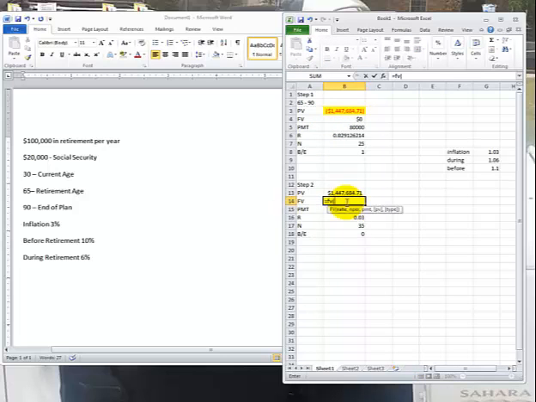Equals future value, open my parentheses, my rate, my number of periods, my payment is 0, my present value is this number, my type is, we'll just do into the period, and close my parentheses, and voila.